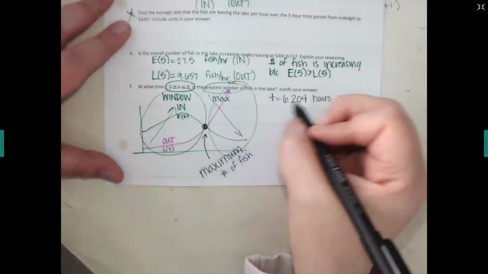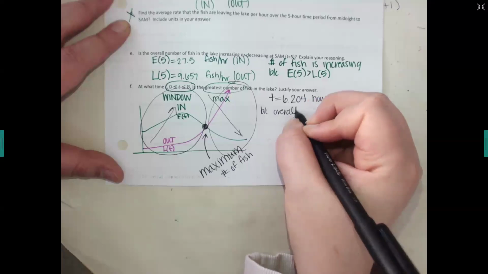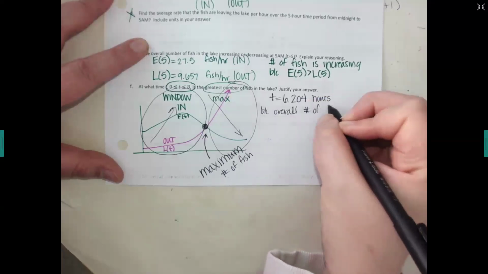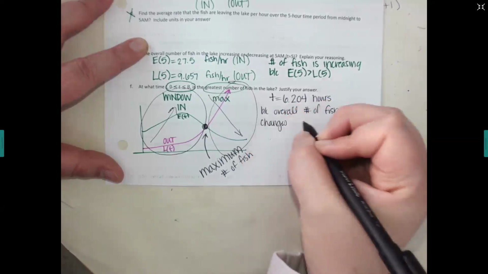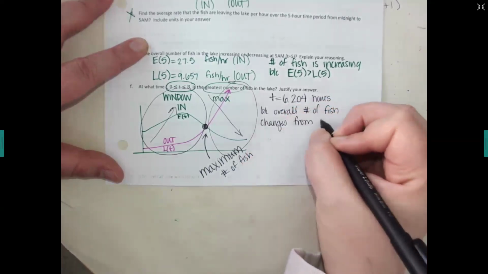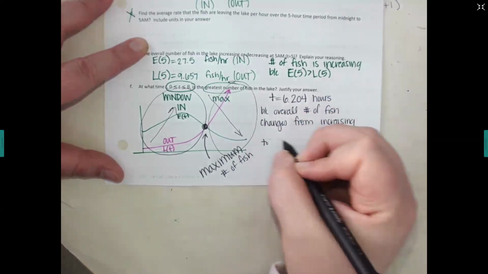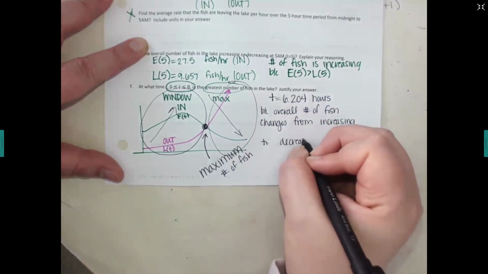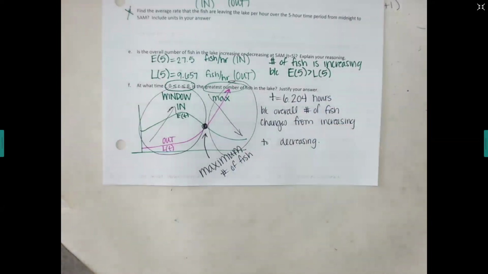Okay, then let's put for our justify, because the overall number of fish changes from increasing to decreasing. Okay, then I'm going to add one more little detail to that, since these are kind of notes.